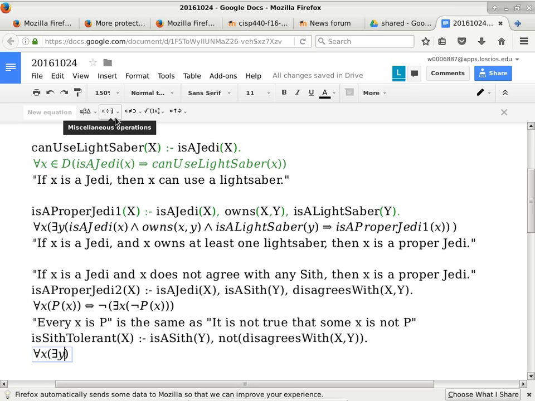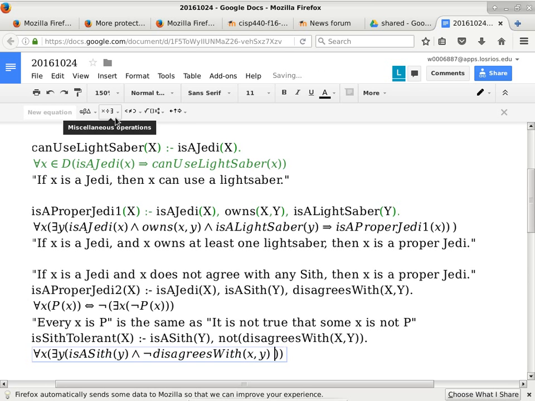Is that okay? So what do we want to say about x and y? We want to say that x is a cis, y, and wedge, negation of x disagrees with y.